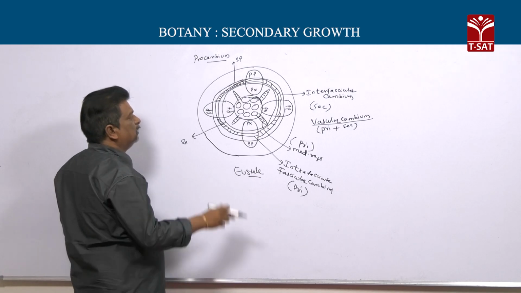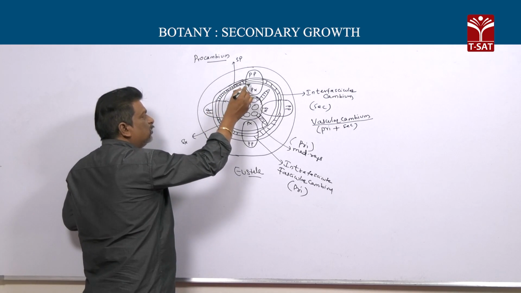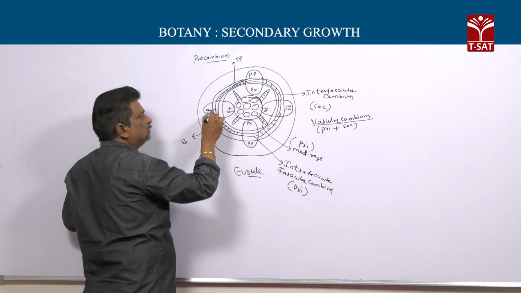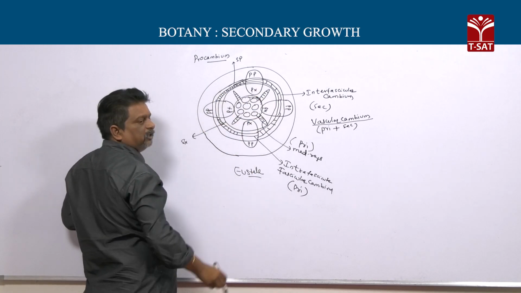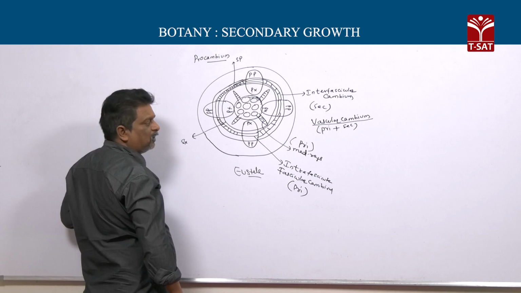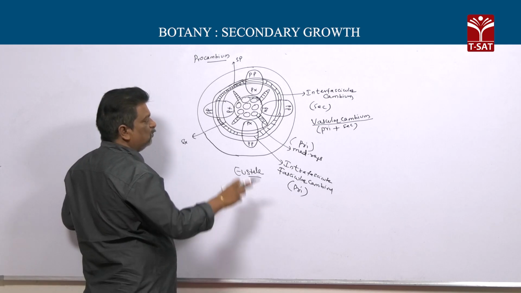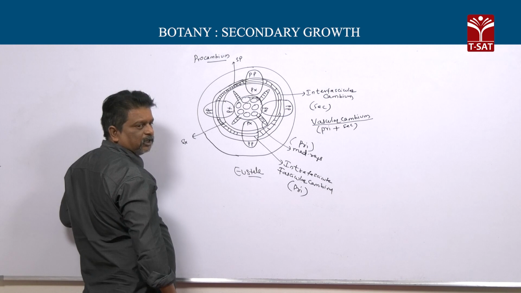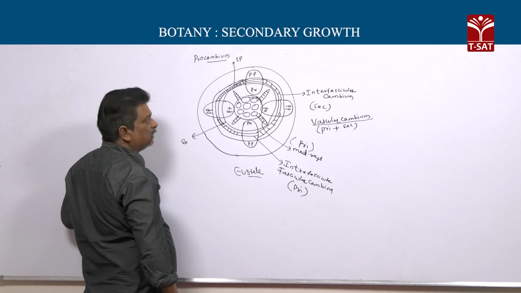Here point is it produces more amount of secondary xylem than secondary phloem. In normal secondary growth, more amount of secondary xylem is formed than secondary phloem.